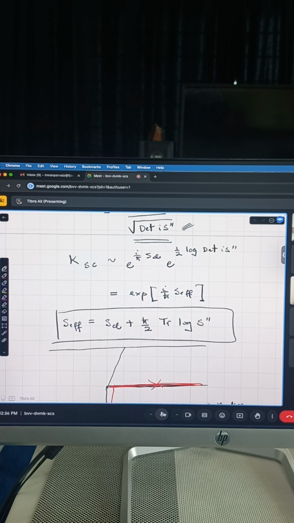No, I agree with you, but here we are expanding around our own classical solution. That's the point. And yes, it is an expansion. It's a leading order expansion in terms of the coupling constant, in terms of h bar.